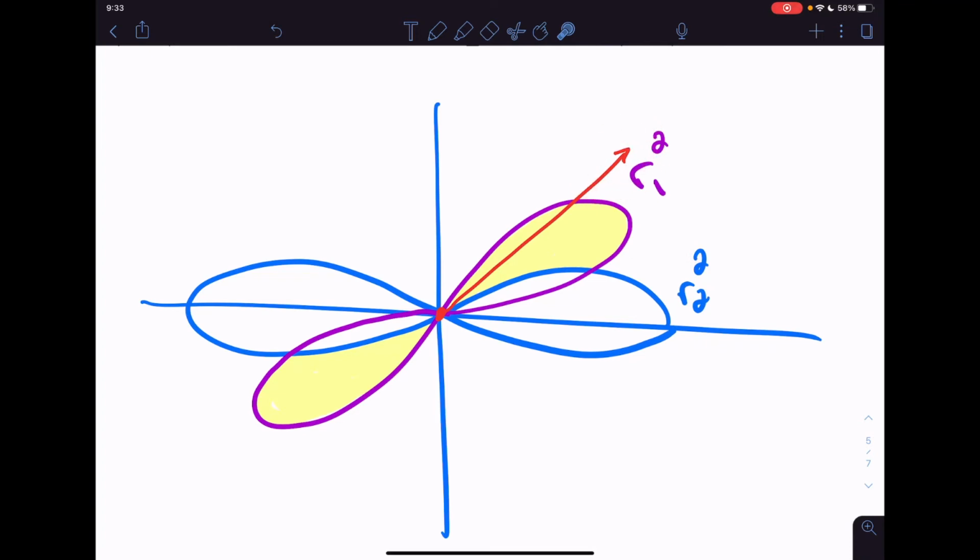So in that region, I don't actually need any sort of difference of two polar curves.